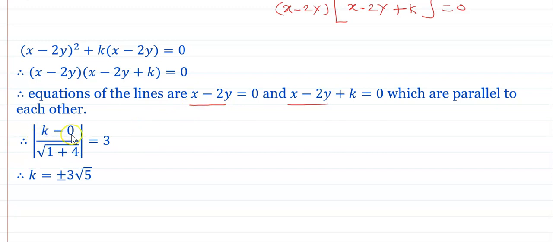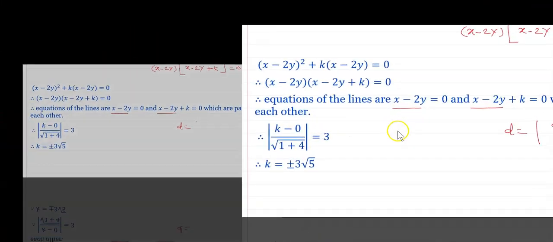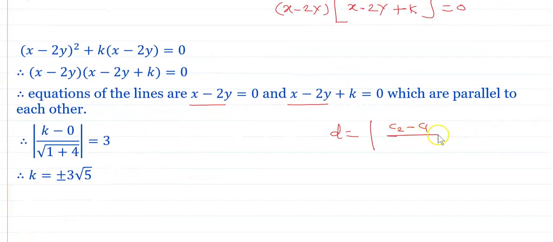Here c2 is k and c1 is 0. So the distance d is the modulus of k minus 0 upon root of 1 square plus 2 square, which is 4. And that distance is 3.